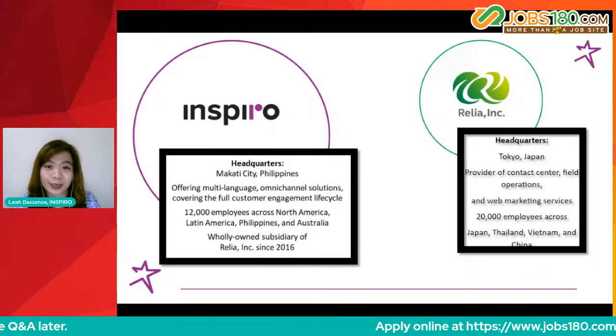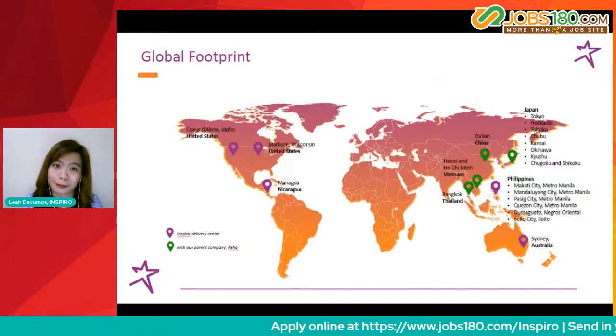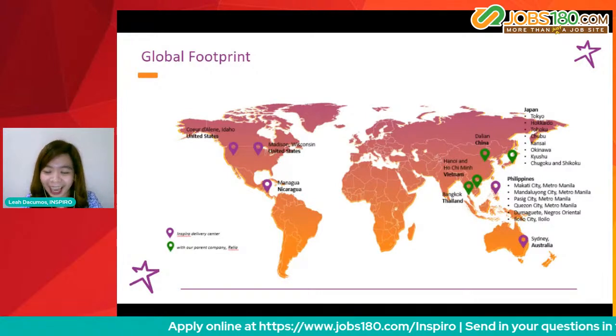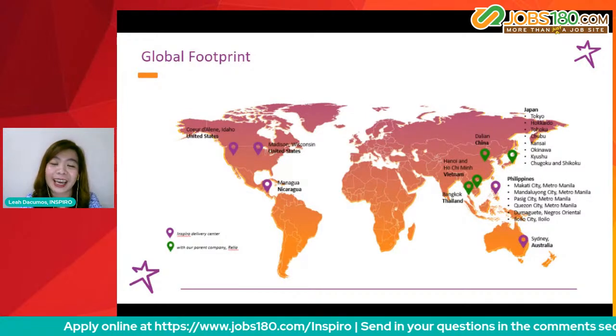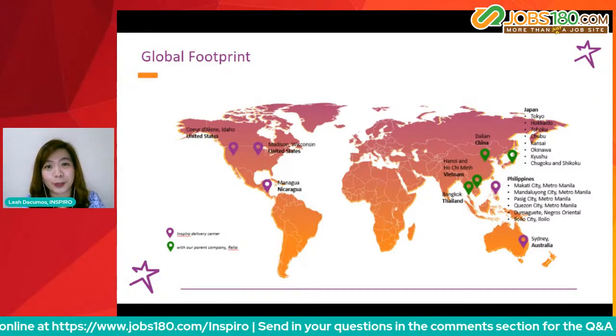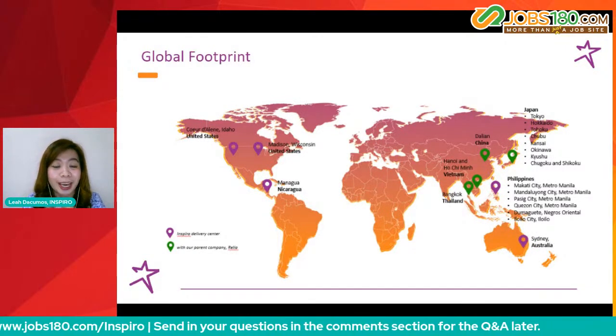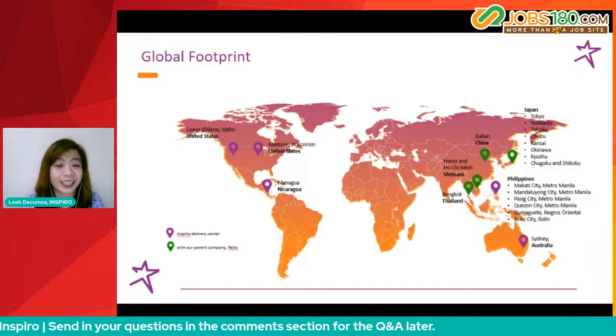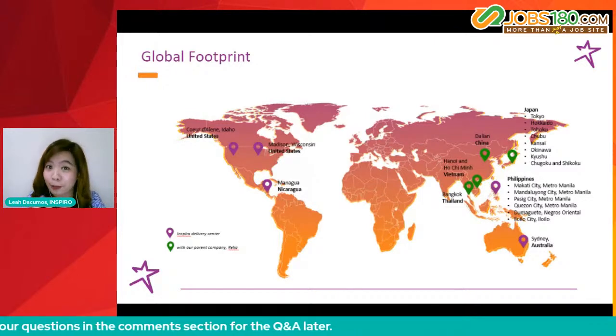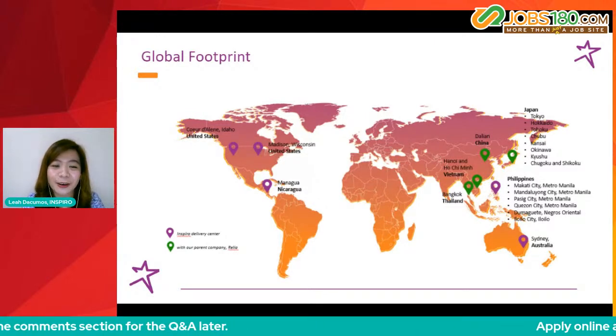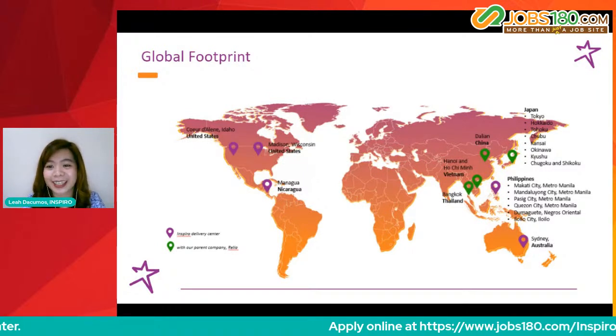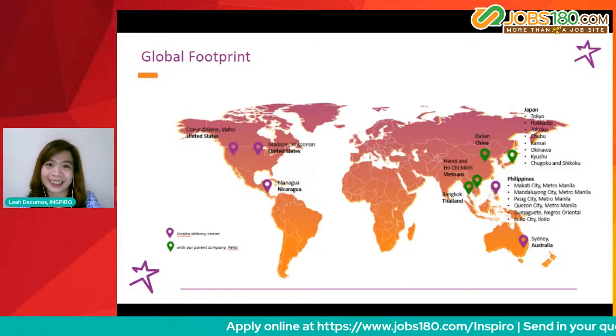Now, I would like to share to you our global footprint. Just like what I have mentioned earlier, we have sites in United States, in Nicaragua, in Japan, China, Vietnam, Thailand, Australia, and again, here in the Philippines.